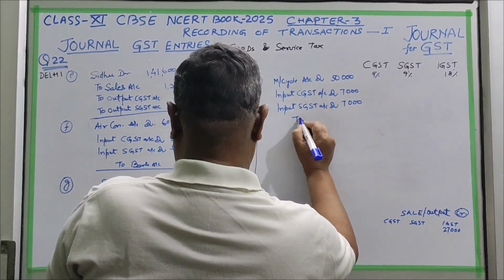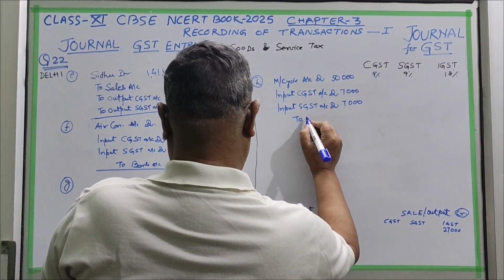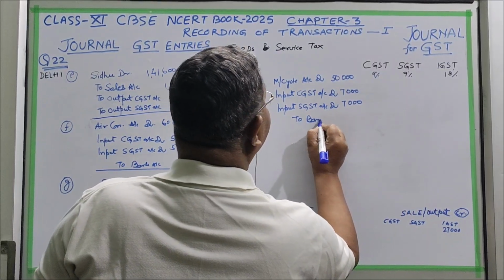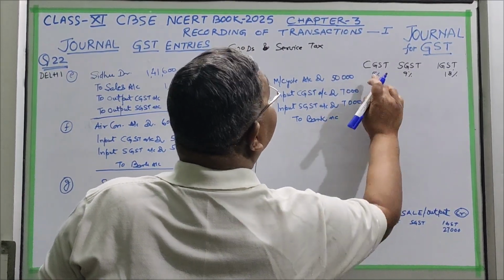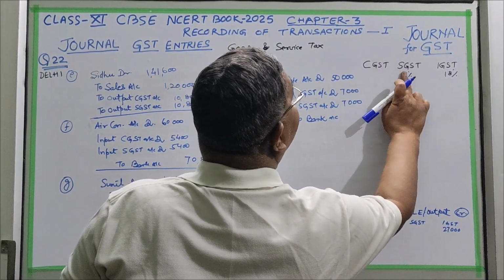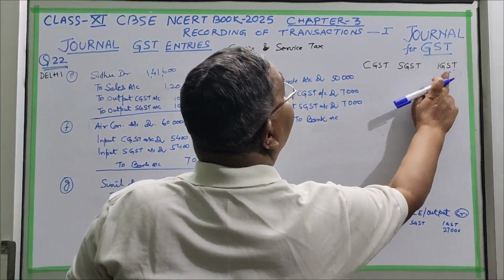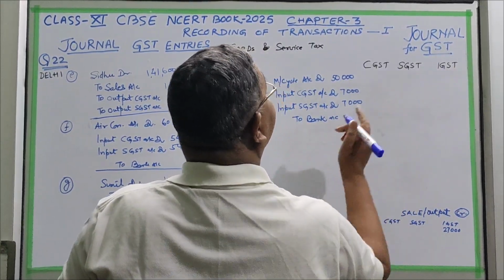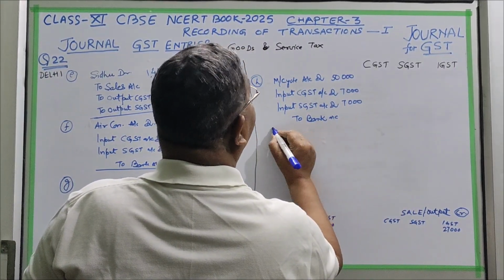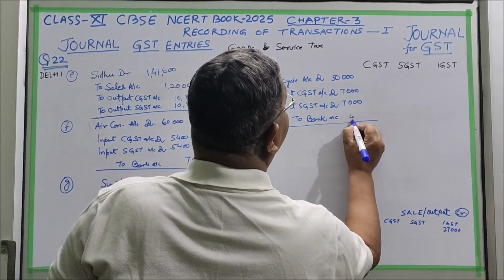The rate is 7% each. This rate may vary from point to point; different points, different rates can be there. To bank account, so 64,000 it has come.